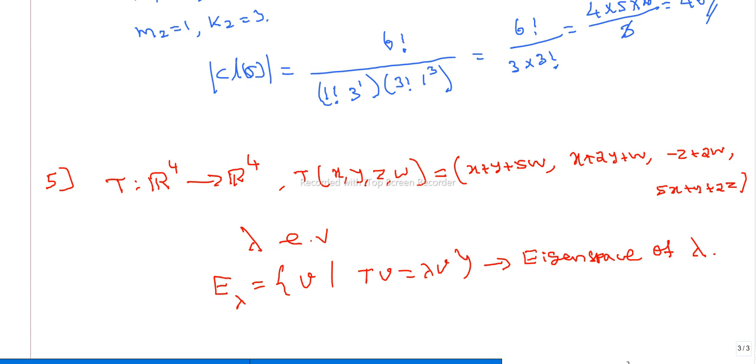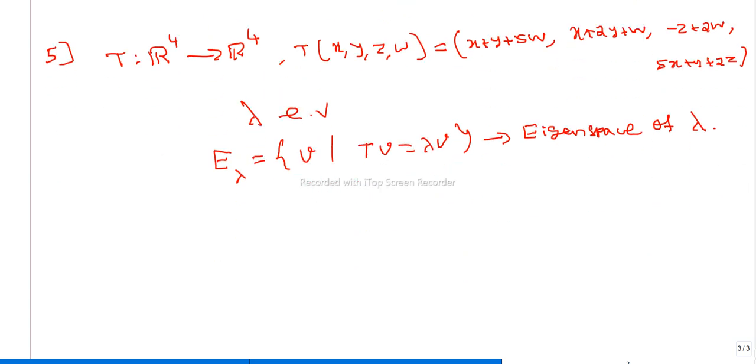You have to find the dimension of this. Sir, is eigenspace equal to null space of A minus lambda I? Yeah, same thing, because you can take everything to one side. So we get TV minus lambda V equal to 0. You can take V outside, therefore T minus lambda I at V equals 0.